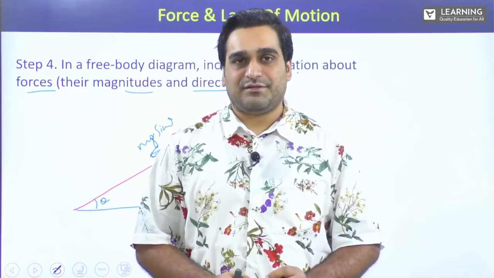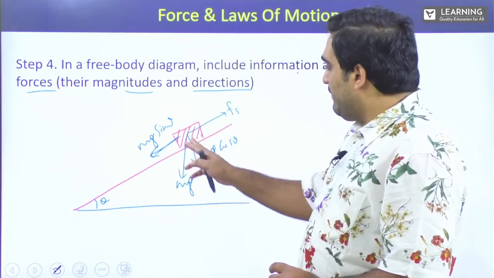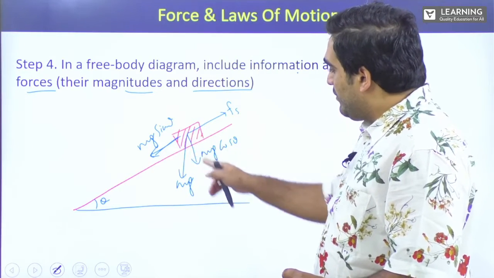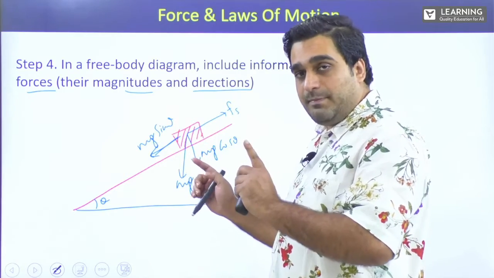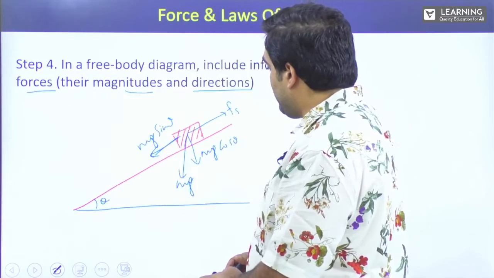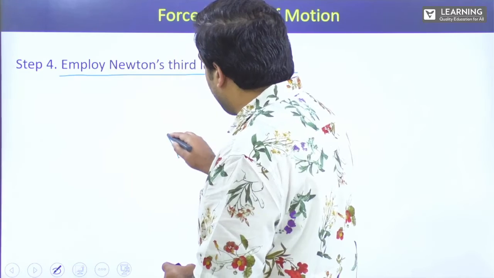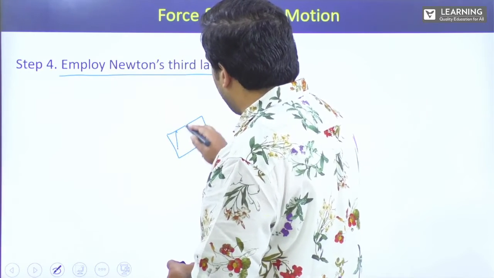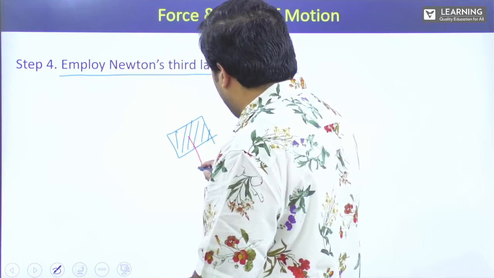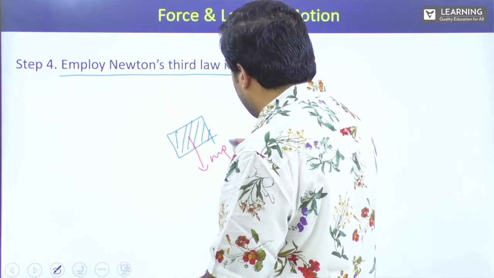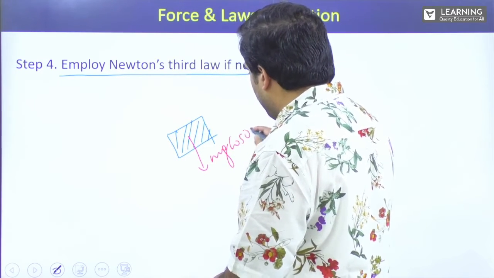So similarly here, you have a force which is the weight, by Newton's third law. Let me put that here. You have this block. One force is acting in a downward direction, which is mg cos theta.